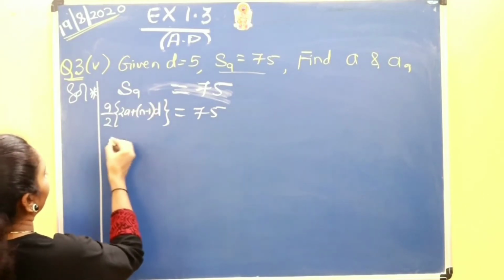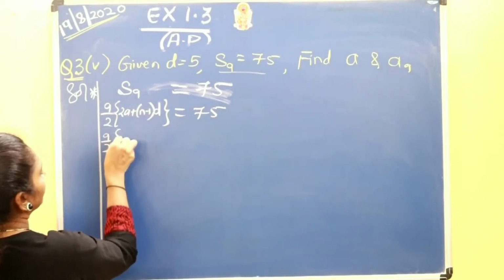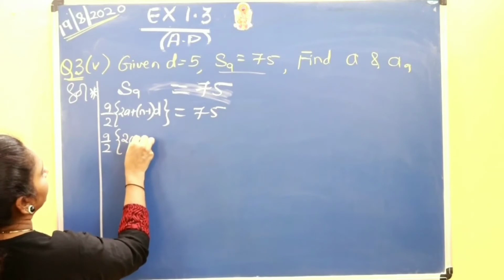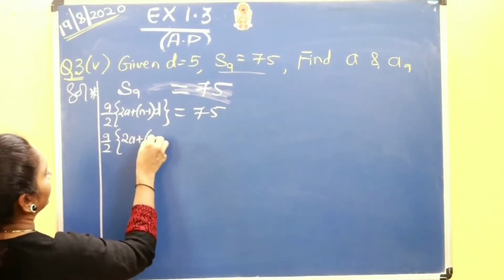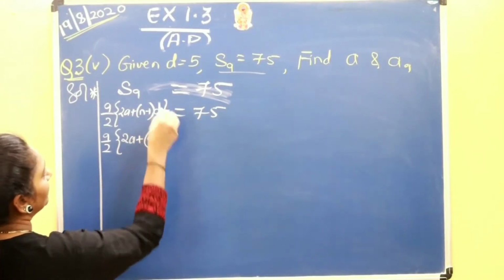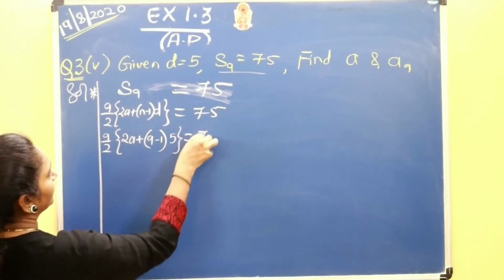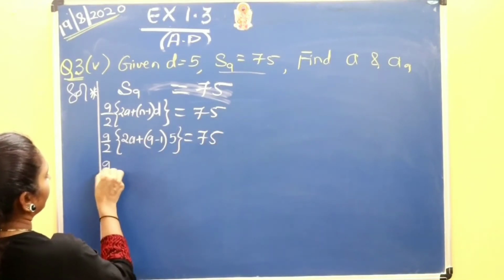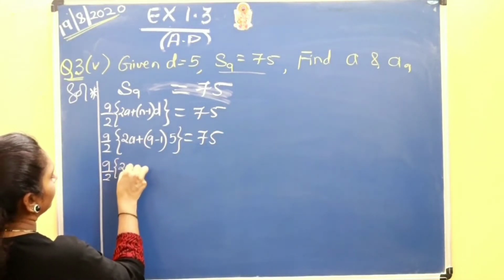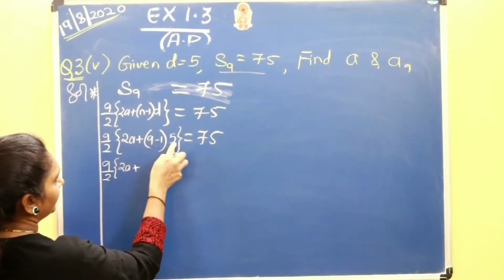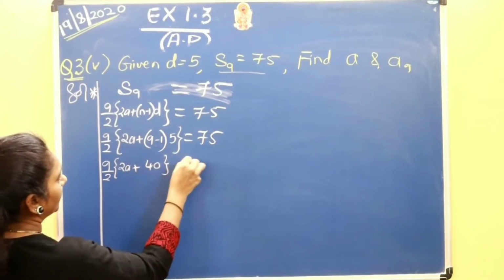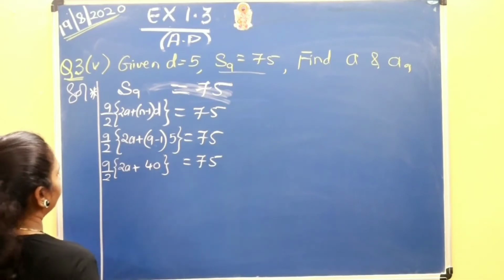We have d value as 5, 9 by 2, 2a plus n is 9 minus 1 into 5 equal to 75. 9 by 2, 2a plus 9 minus 1 is 8, 8 fives are 40, equal to 75.